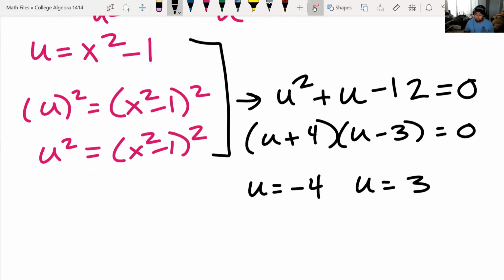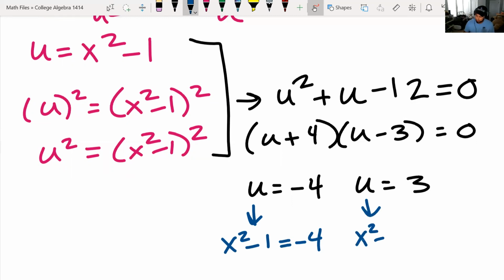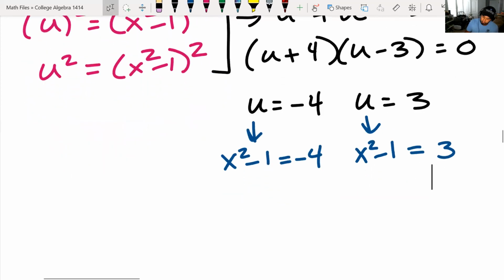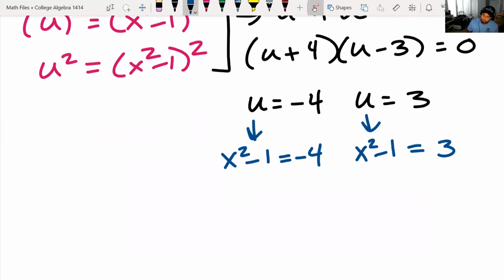But bring U back in. Bring yourself back in. Tag in. U was x squared minus 1 equal to negative 4. And x squared minus 1 equal to 3. Because that was U, and now we solve for x. Add the 1 over, x squared equals negative 3.